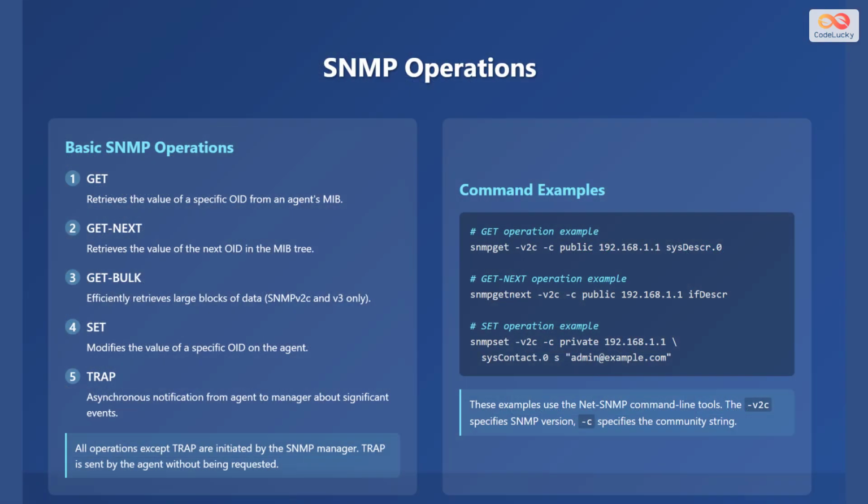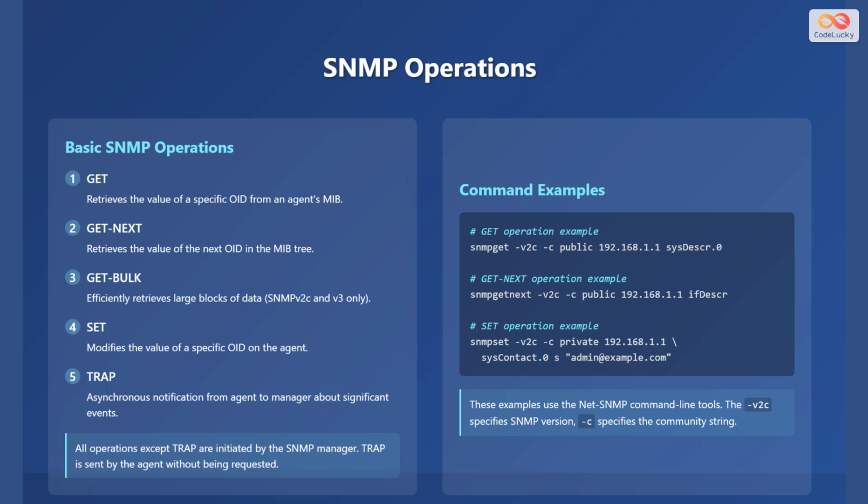SNMP operations include GET, GET-NEXT, GET-BULK, SET, and TRAP. The GET operation retrieves the value of a specific object identifier, or OID, from an agent's management information base, or MIB. GET-NEXT retrieves the value of the next OID in the MIB tree.